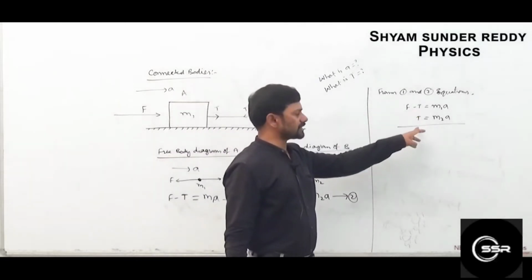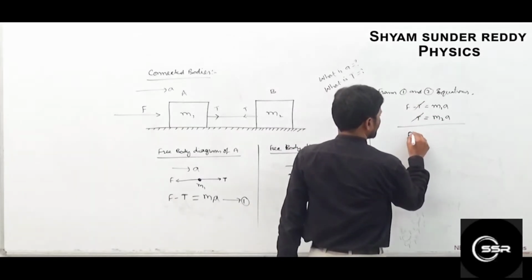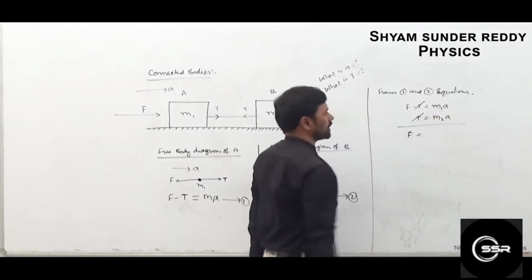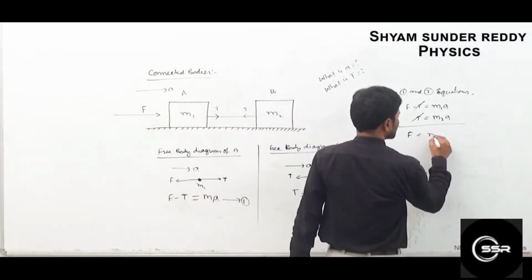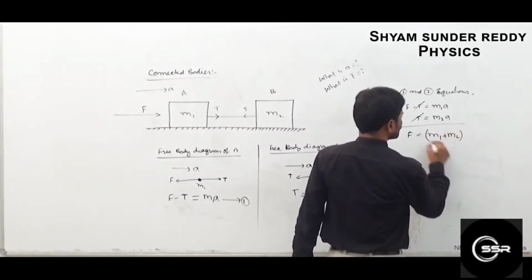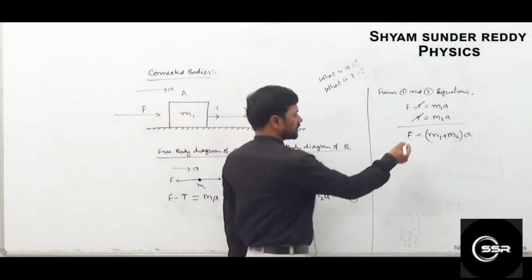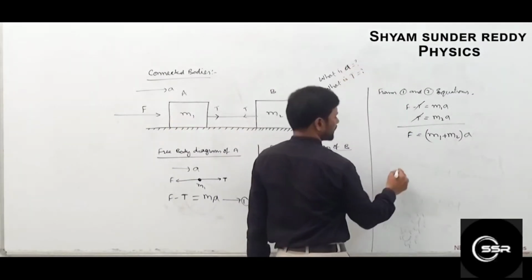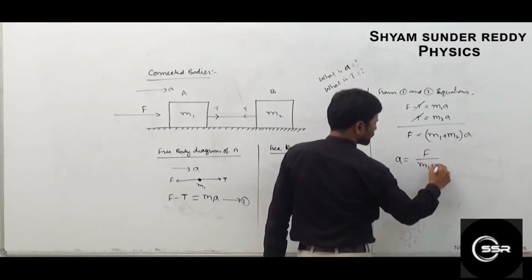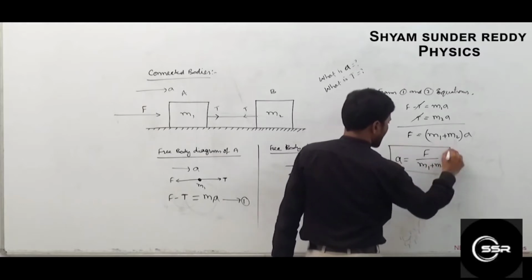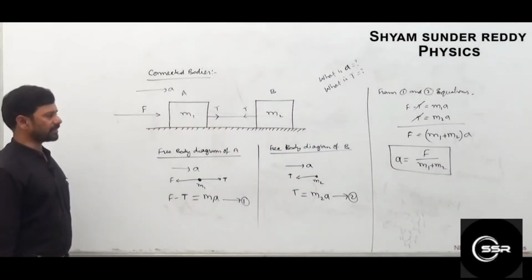This is the negative value, this is the positive value, so these two cancel. So F is equal to m1a plus m2a, and a is common. So we get F is equal to m1 plus m2 into a. From this, acceleration A is F by m1 plus m2. This is the acceleration of this system.